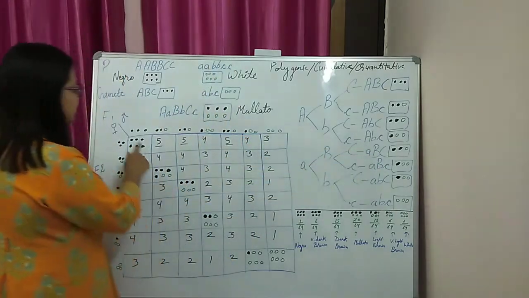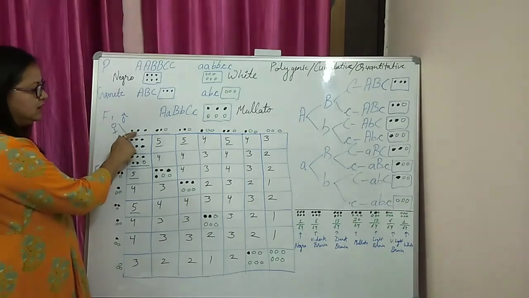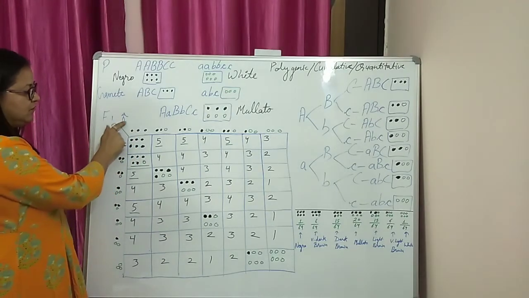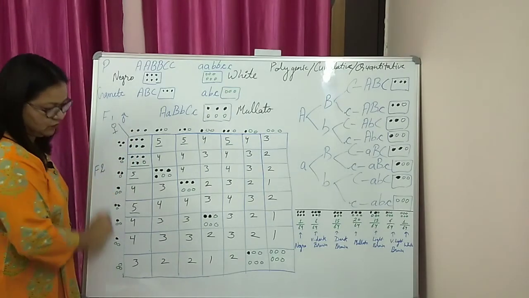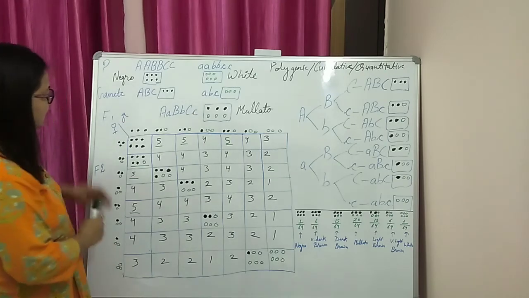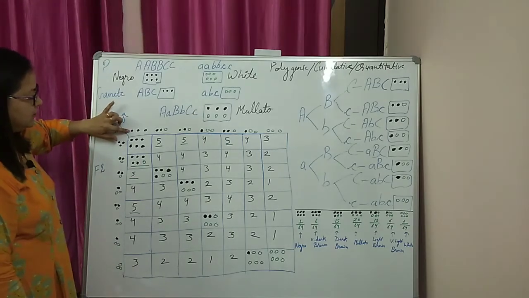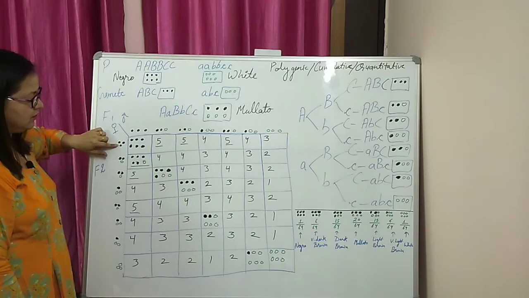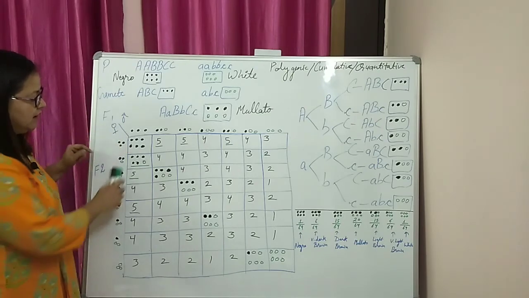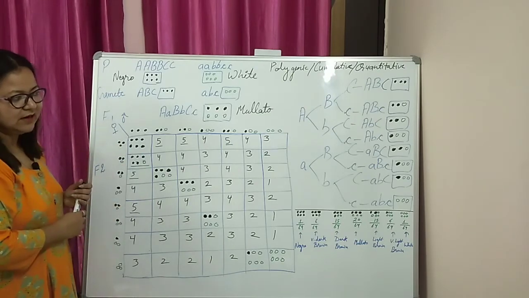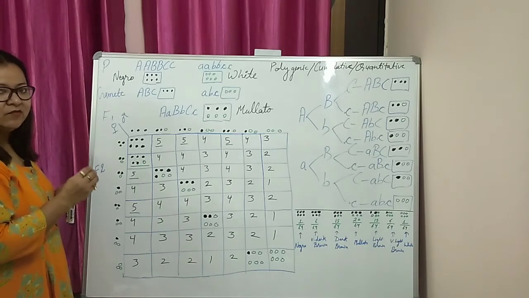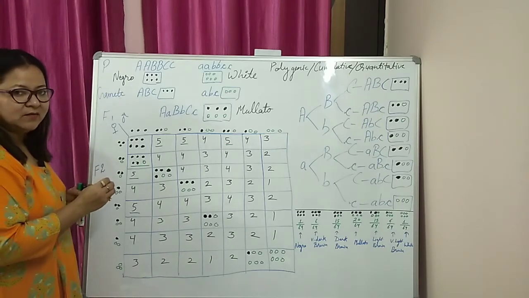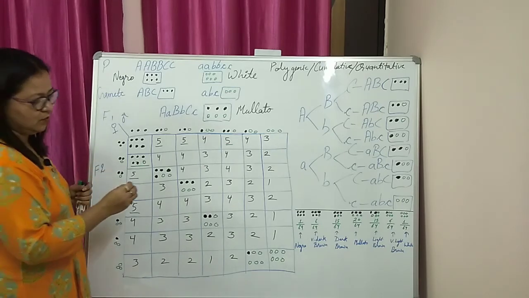So I use these symbols to write here in the gametes, the male gamete as well as the female gamete. So here in the first, there are 3 dominant alleles, again 3 dominant alleles, they fuse together, and we are getting 6 dominant alleles, and this is for the very dark color, the darkest color, that is called Negro.